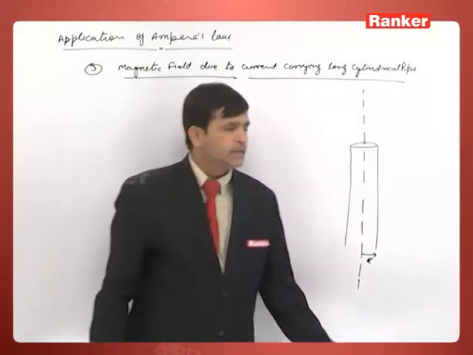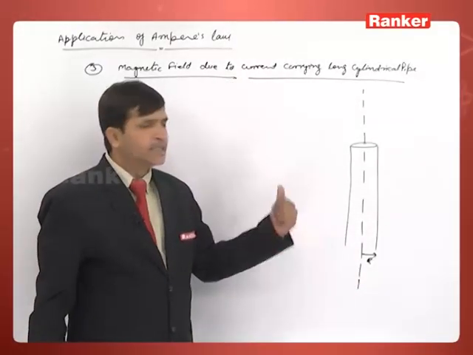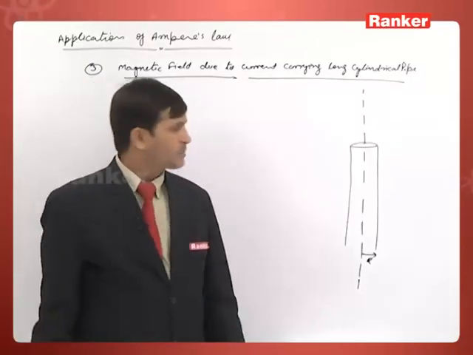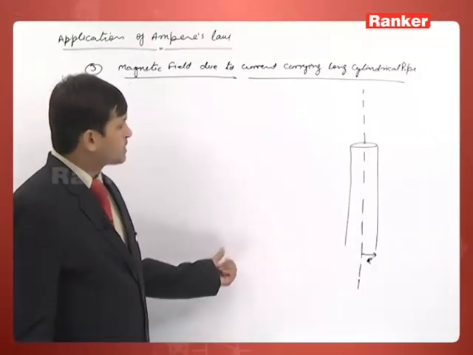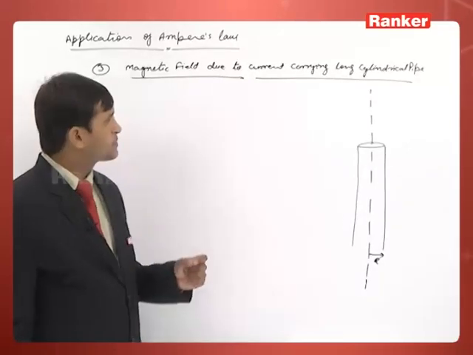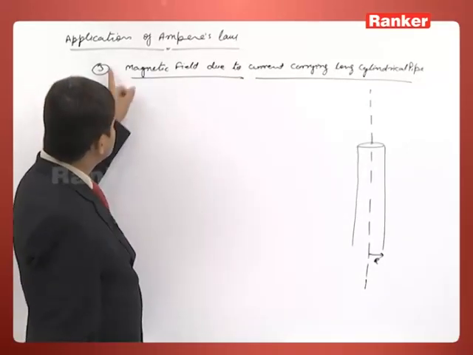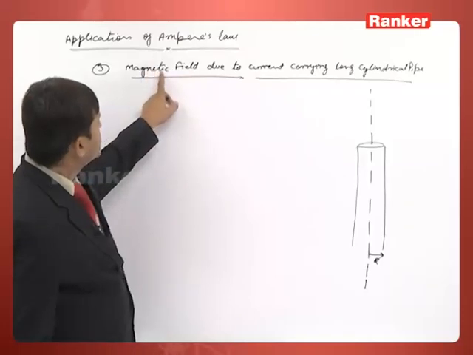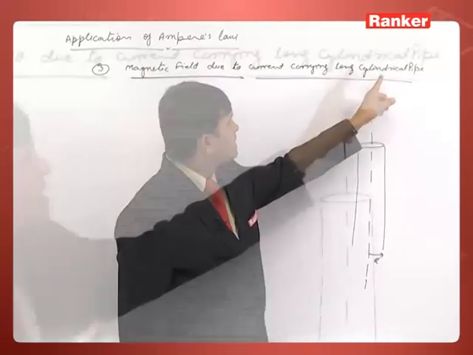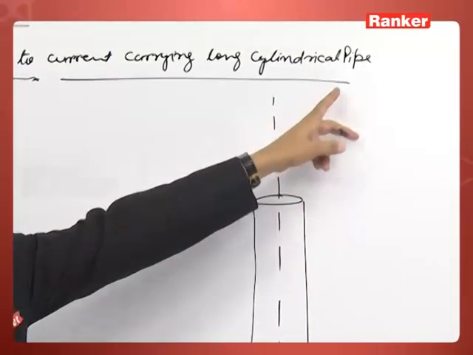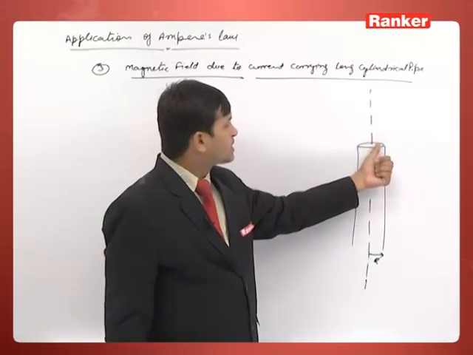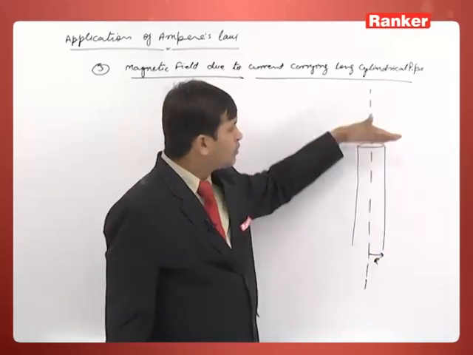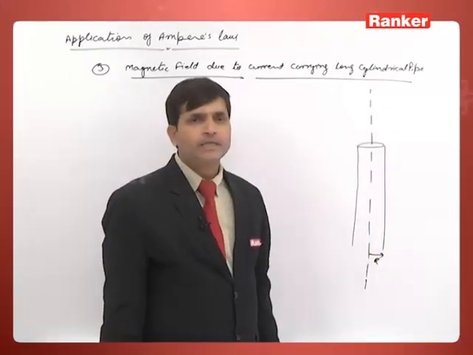So in this problem and the previous application, both appear similar. Only one difference is there. In the previous application, our conductor was cylindrical, but that was not a pipe. It was a conductor, which means the current was through the whole cross-sectional area.